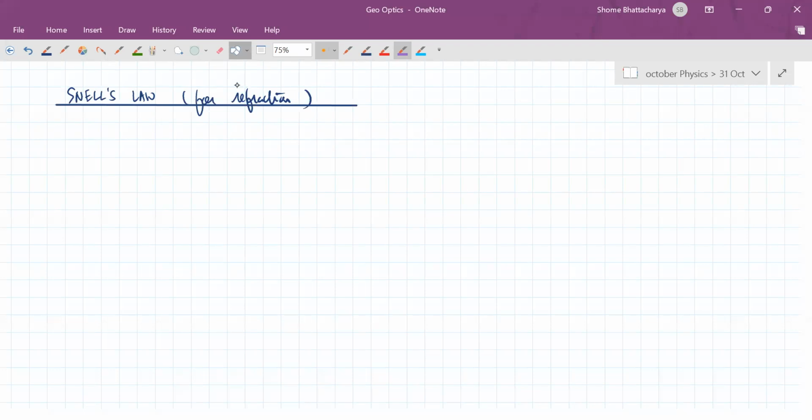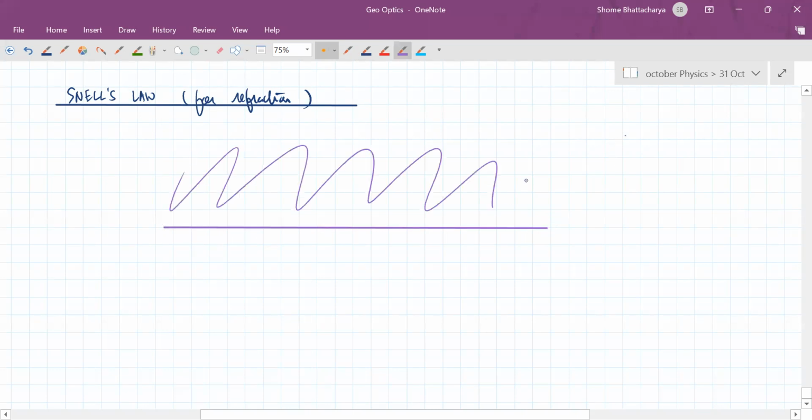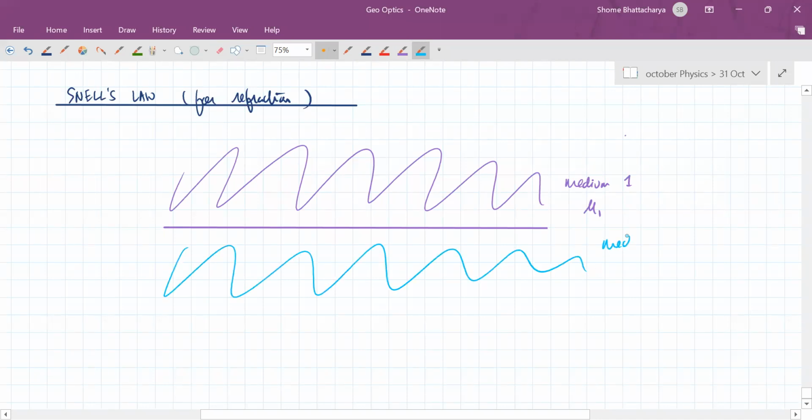So let's say this is the boundary line between two refractive media. This is medium 1, let's say, of refractive index mu1. That means it's the absolute refractive index. And this is medium 2, which is of absolute refractive index mu2.